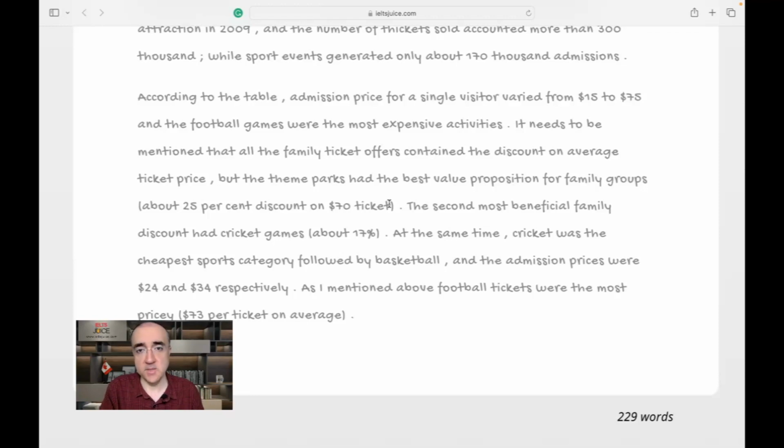$70 tickets, on a $70 ticket or on $70 tickets. There's either a missing S or a missing indefinite article A. The second most beneficial family discount had cricket games. The second most beneficial family discount.